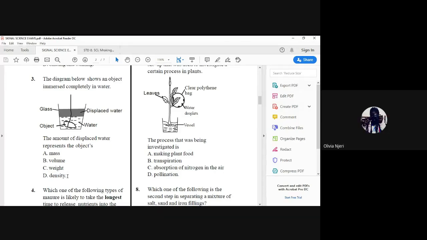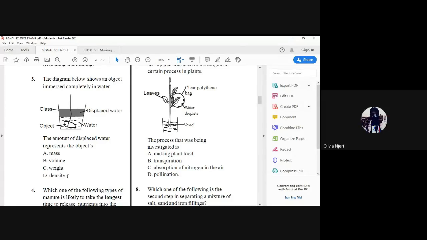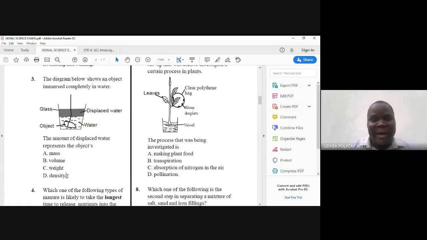No, density is the mass of 1 centimeter cube of a substance, measured using grams per centimeter cube or kilograms per meter cube. That's the density. Correct. So those are the definitions of the characteristics of matter.